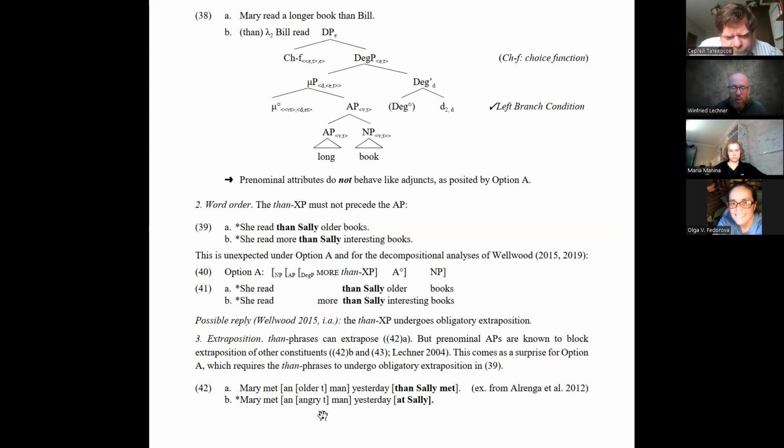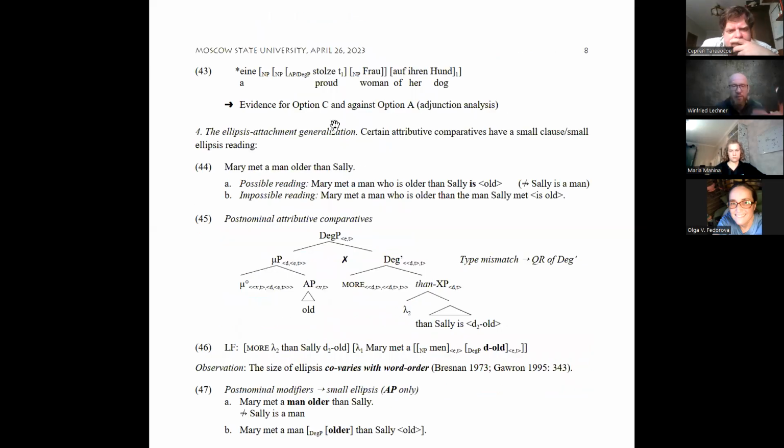But lo and behold, if you want to relate an argument, something which arguably definitely came out of that adjunct position, with a postponed category, that leads to very strongly deviant results. Mary met an angry man yesterday at Sally. And the same has been shown already for German in 43.